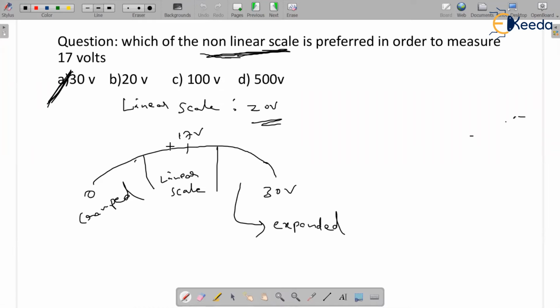If the question asked for a linear scale, your answer would be a 20 volt scale, but I gave you a non-linear scale. Once you distribute 0 to 30, 17 volts will come in a linear scale. So your answer is a linear scale.